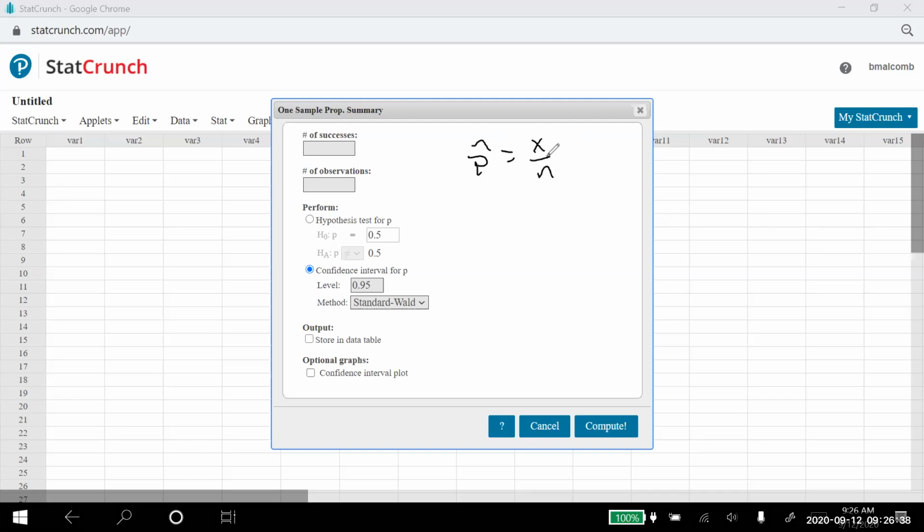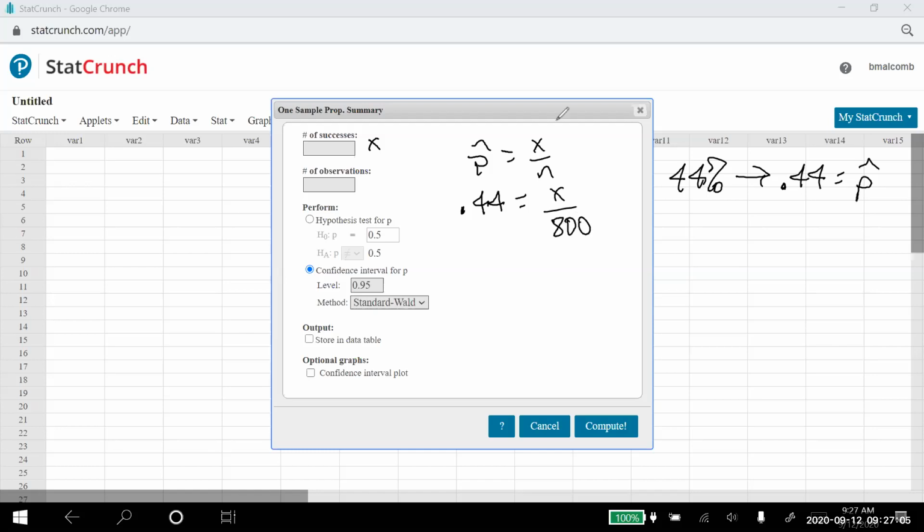X is the number of successes, and that's what's going to go in here. I don't know that, but they told me 44%. Well, that's my 0.44. So that's my p hat. So p hat was 0.44. X, I don't know, but they told me n was 800.